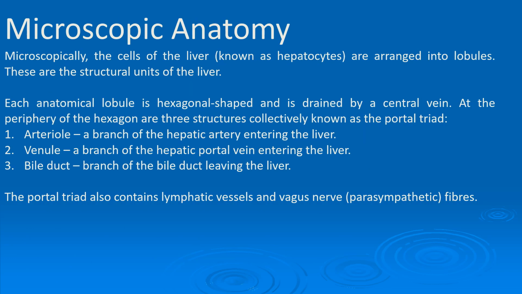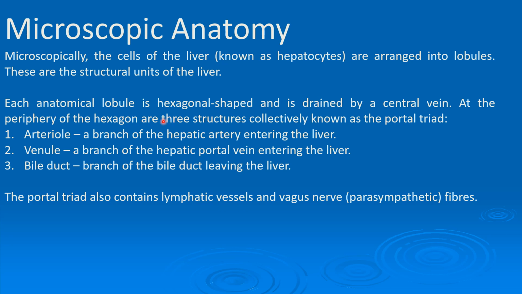That is all about macroscopic anatomy. Now we will look into the microscopic anatomy of the liver. Microscopically, the liver is occupied by cells called hepatocytes. These hepatocytes are arranged into lobules. Lobules are the structural units of the liver. Each lobule is hexagonal shaped and is drained by a central vein.